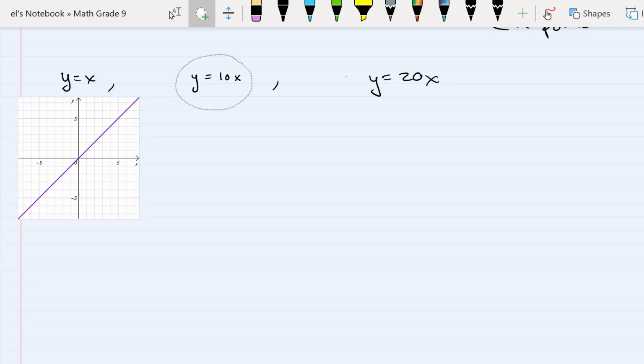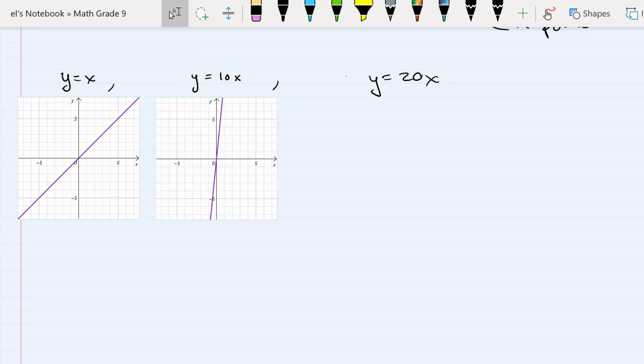Now if we plot y equals 10x, we get a line that goes through the origin, but see how it's gotten 10 times as steep? And finally, if we look at y equals 20x, we can see that it's even steeper than y equals 10x.